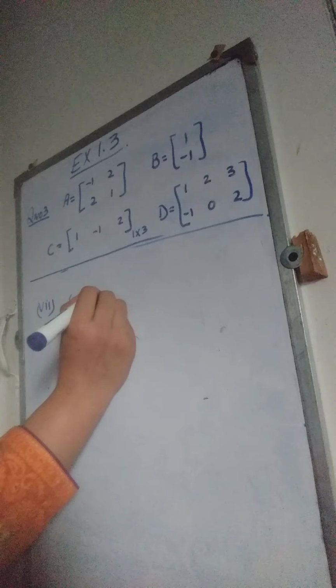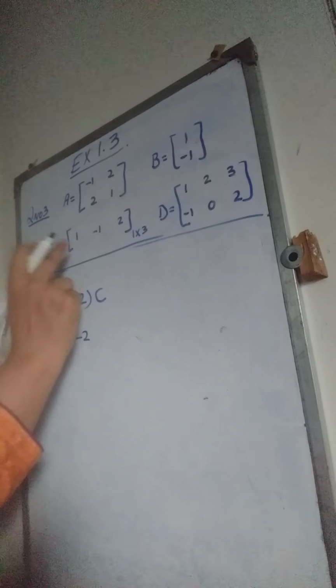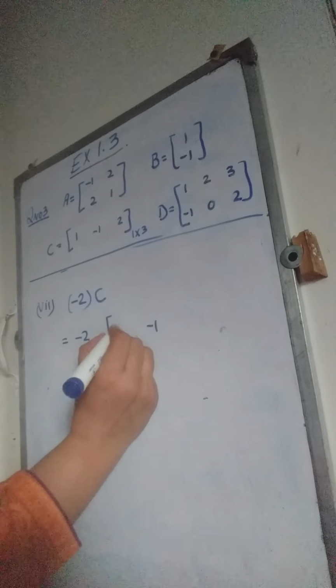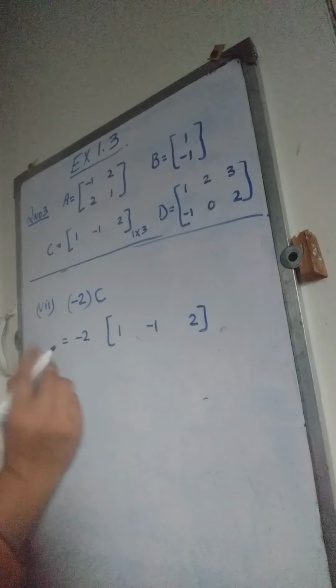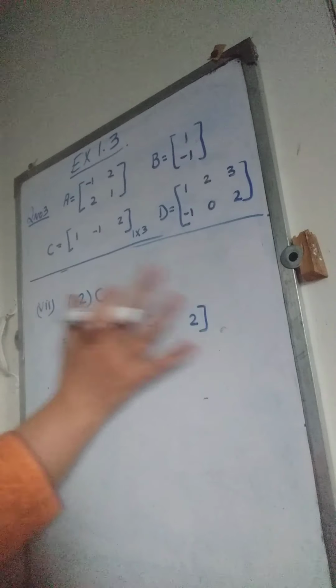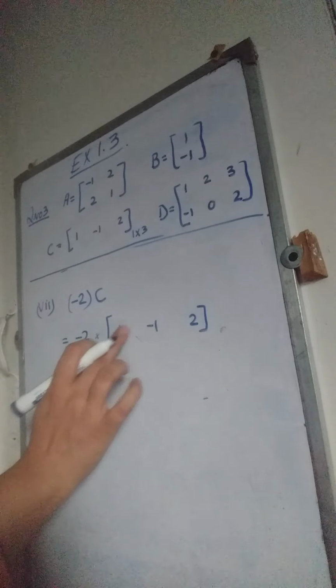-2 into C. Okay, -2 and C is the matrix 1, -1, 1, -1 and 2. Here this is a scalar and we have to multiply it with a matrix. So matrix multiplied with the scalar. How do we do it? We just multiply the scalar with each and every element.